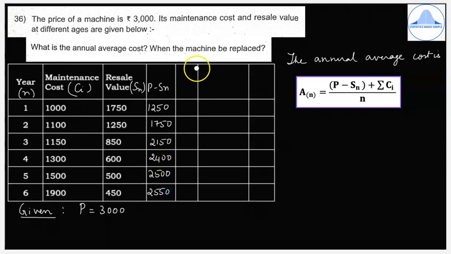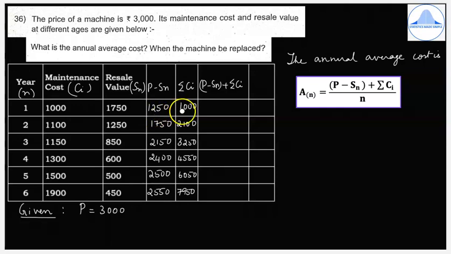2550. Next, let us calculate summation Ci. So first write 1000, then 1000 plus 1100 is 2100, then 3250, 4550, 6050, 7950. Next, we will find out P minus Sn plus summation Ci.